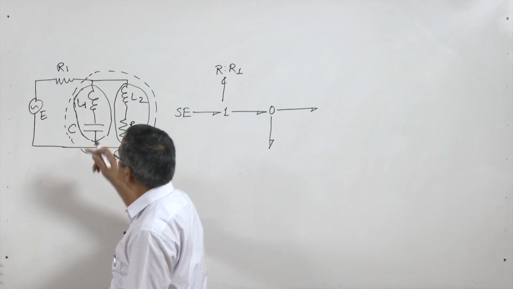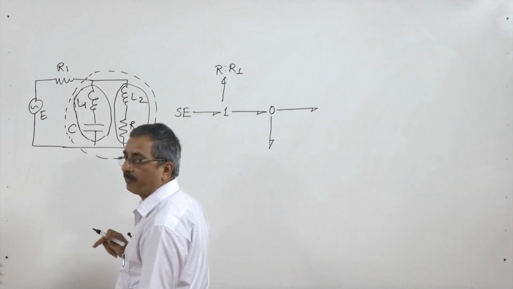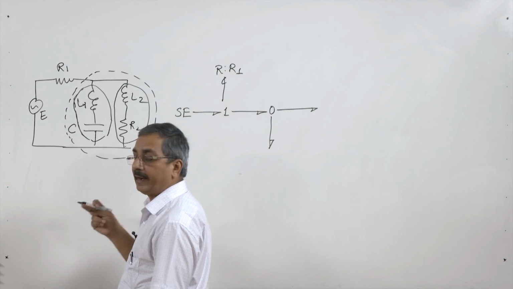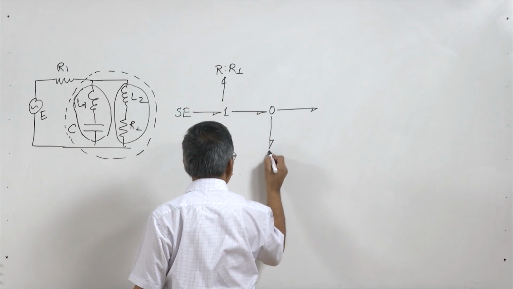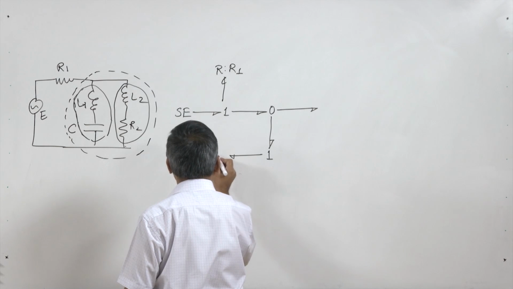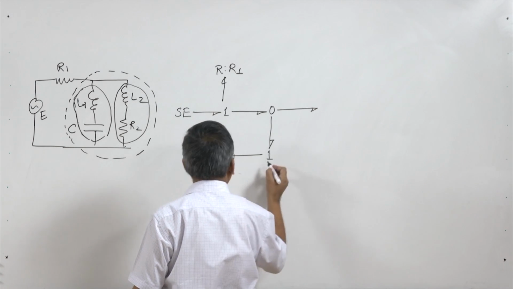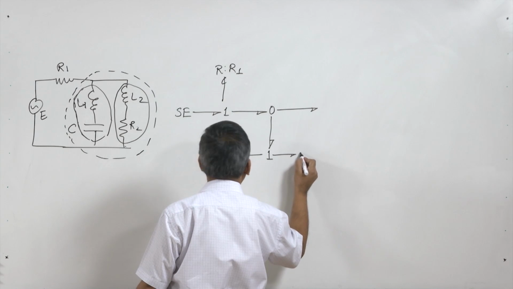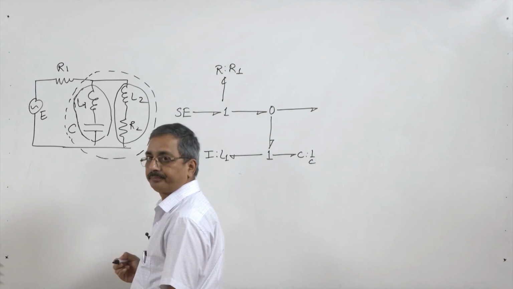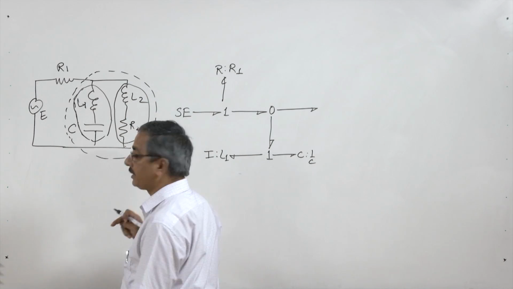Okay. Now, you see here inside of this the inductor and capacitor are in series. So, the constant current. Okay. So, here I put a 1 junction and here I just put I is equal to say L1 and here I put say C is equal to 1 by C. Likewise, here inductor and resistor are in series.